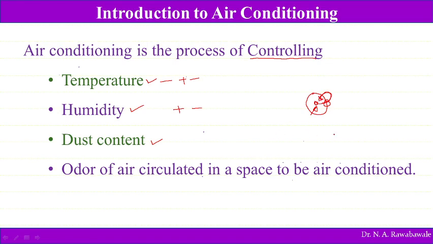So air conditioning has another function, to remove the odor which is not pleasant to the occupant. Air conditioning is nothing but controlling the temperature, humidity, dust and odor of air circulated in a space to be air conditioned.